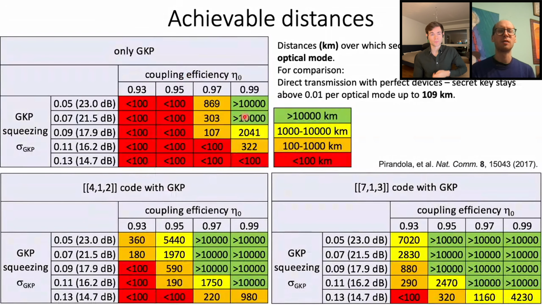The number in the table tells you what distance in kilometers we expect to achieve with these parameters. The red regions are the bad regions, the green regions are the best regions. And not surprisingly, we see that the higher the concatenation we do, the larger the green region.